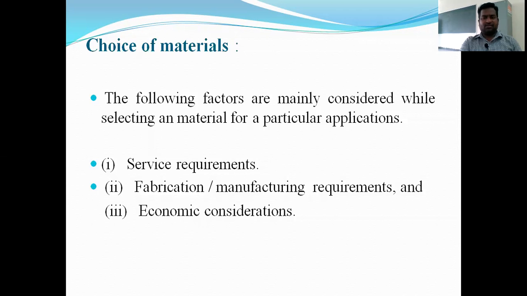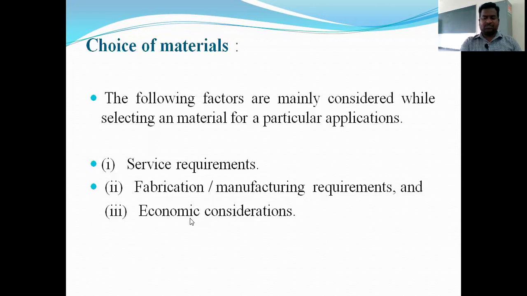We have to consider this requirement also. And economic considerations: with some materials we get good benefits, but from the cost point of view, it should be more economical, right? So we have to keep in mind these three points while selecting a material: service requirements, fabrication and manufacturing requirements, and economic considerations.